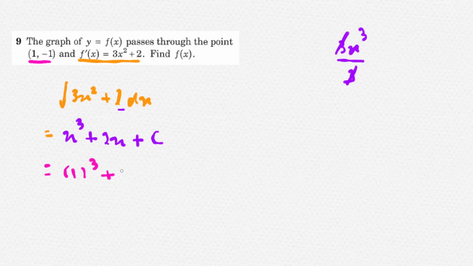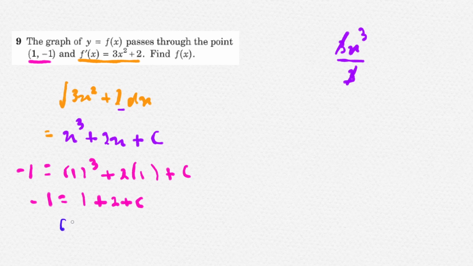1 cubed plus 2 times 1 plus c will be equal to minus 1. This is because the x value is 1 and the y value is minus 1 in the coordinate. So let's simplify this. Minus 1 will be equal to 1 cubed, which is 1, plus 2 times 1, which is 2, plus c.